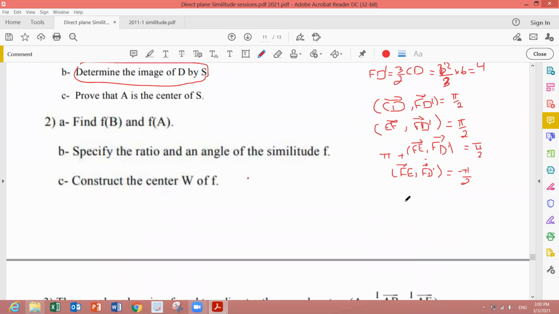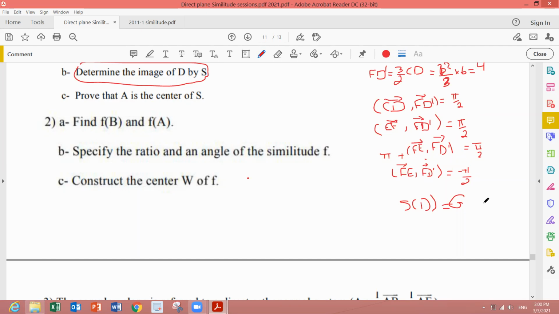S of D equals G. Hi guys, any questions? No, teacher.